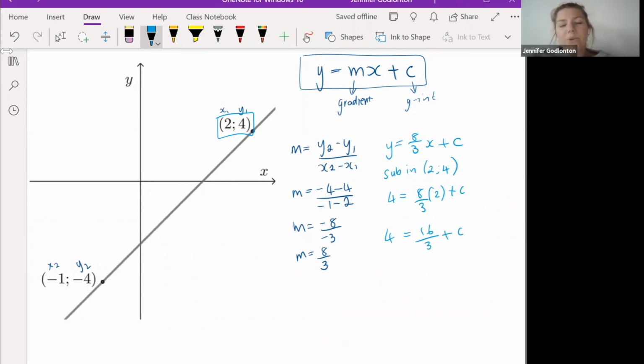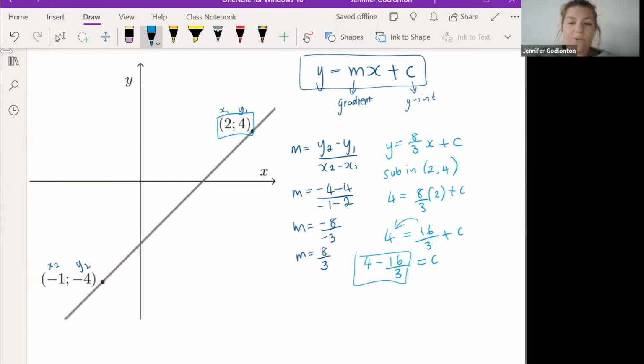If you were not working with your calculator, then you would want to get everything to have an LCD. If you are working with your calculator, then all you need to do is move it to the other side. So we can say 4 minus 16 over 3 is equal to c. I want you to put that into your calculator exactly like that.